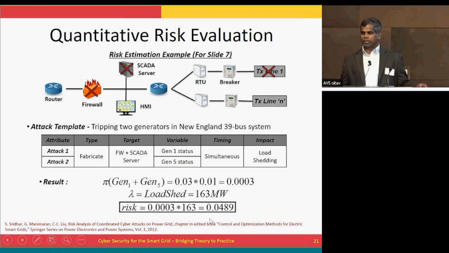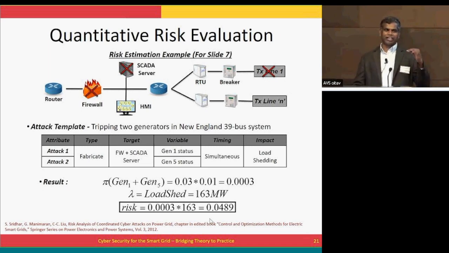Of course, this risk index has to be normalized so that one can make a consistent decision in terms of indices. It is important. It is not exactly the number that matters. Sometimes relative ordering among different scenarios is equally important. This is a high risk scenario compared to something else.